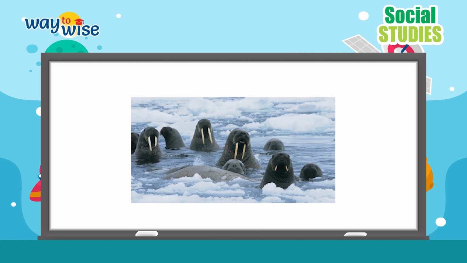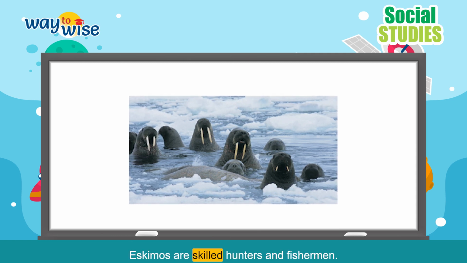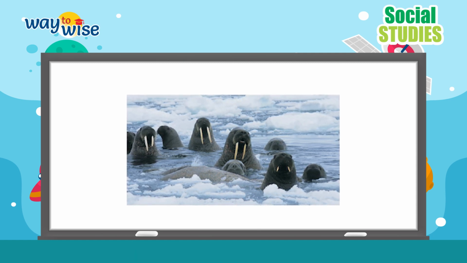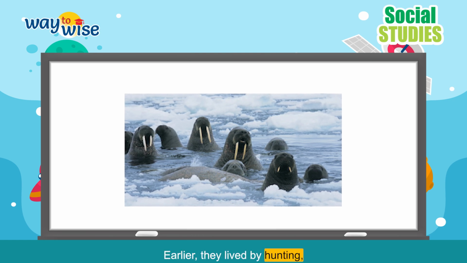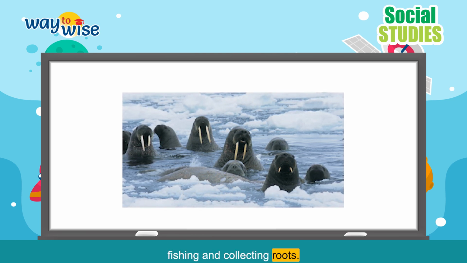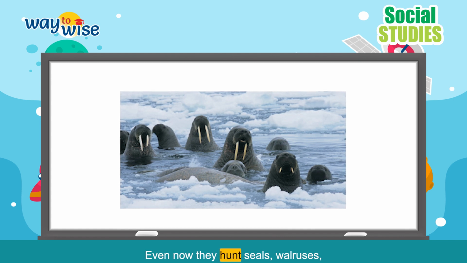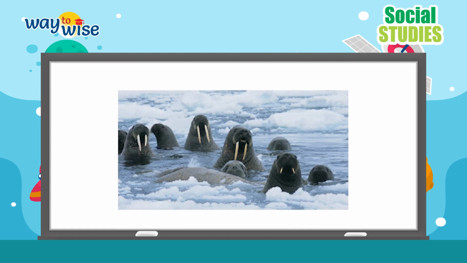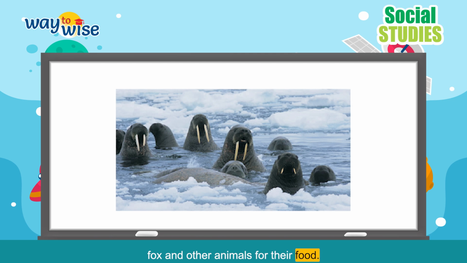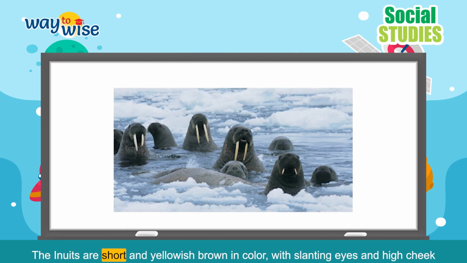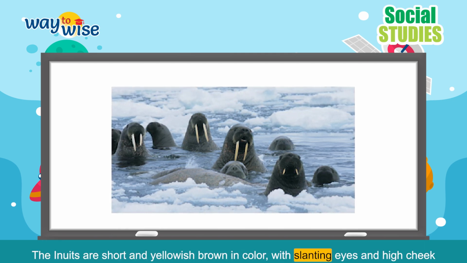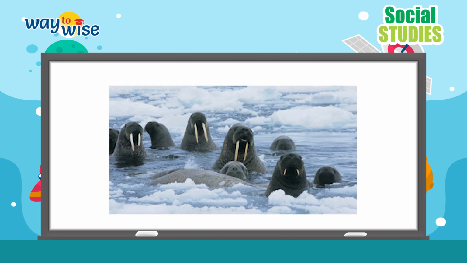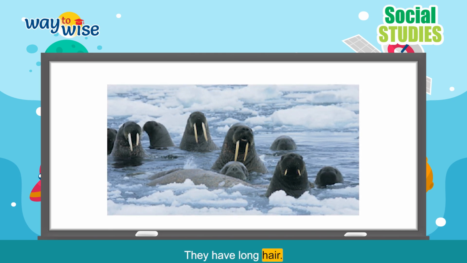Food and clothing. Eskimos are skilled hunters and fishermen. Earlier, they lived by hunting, fishing, and collecting roots. Even now they hunt seals, walruses, bear, fox, and other animals for their food. The Inuits are short and yellowish-brown in color, with slanting eyes and high cheekbones. They have long hair.